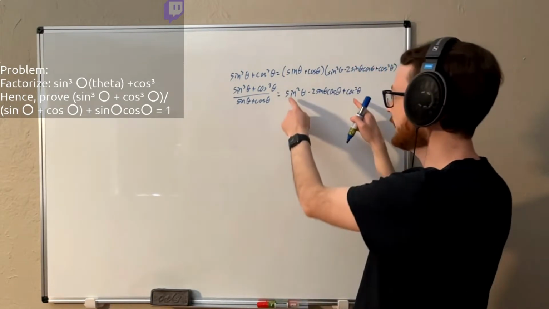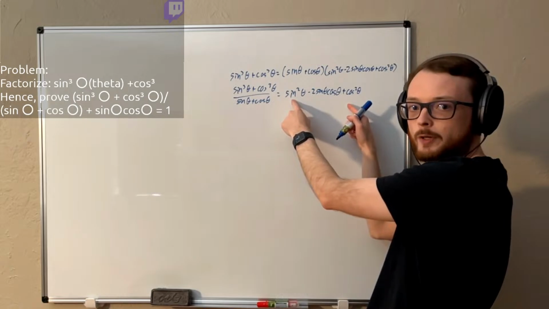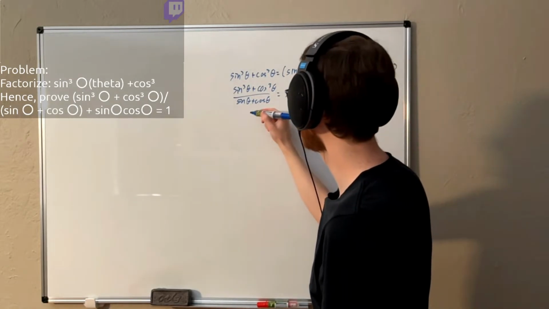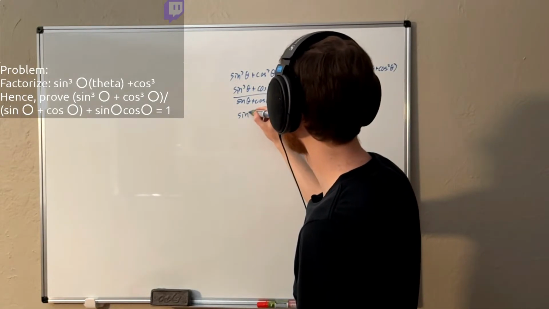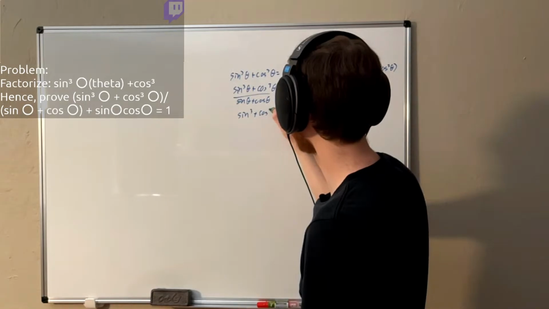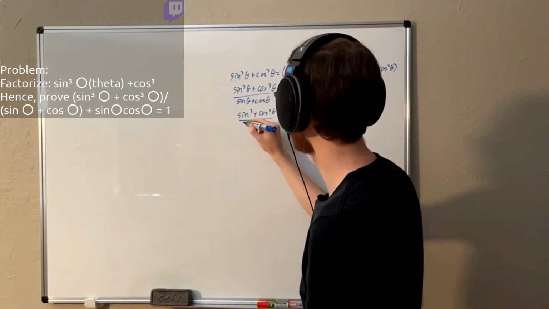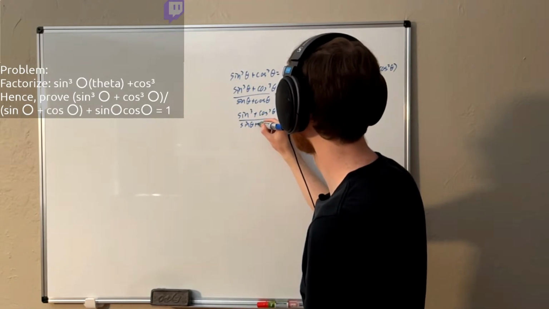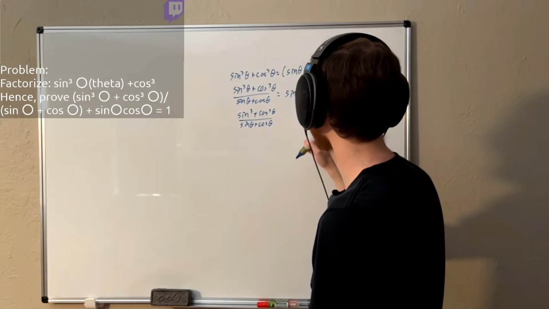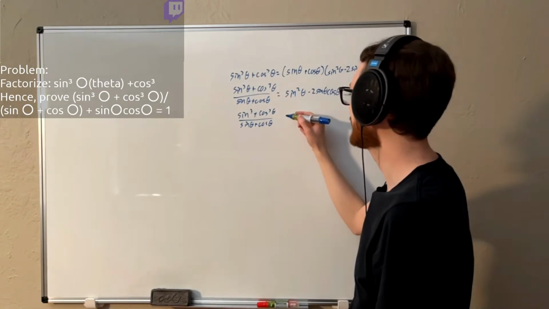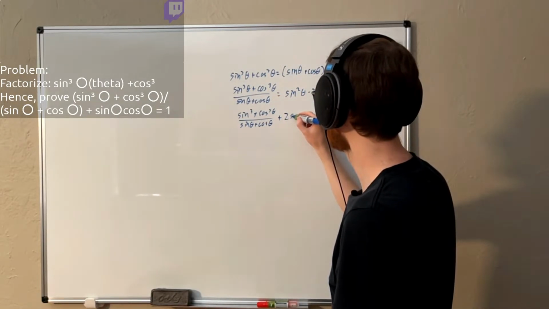And we do that: sine squared plus cosine squared is equal to 1. That's a Pythagorean identity. So we can get a 1 on the right-hand side, and we're getting pretty close to the format they wanted. I can also add this to the right-hand or to the left-hand side. So let's do that.